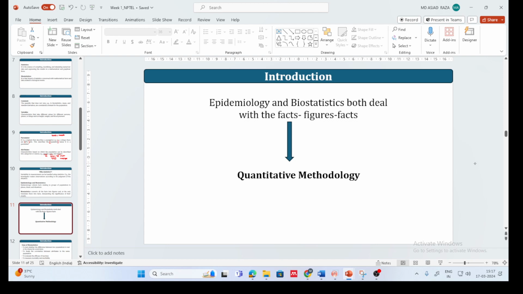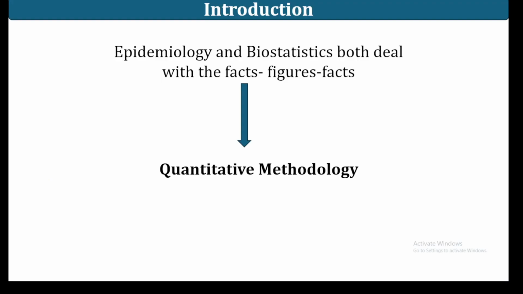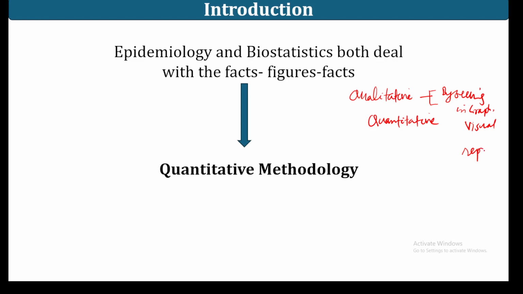So epidemiology and biostatistics both deal with facts and figures. As I told you, any study can be done in two ways. The first is qualitative, and then quantitative. Qualitatively, we can say by seeing or by representing in a graph, a visual representation.